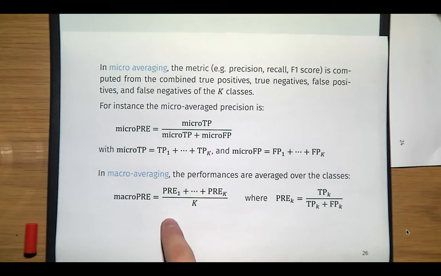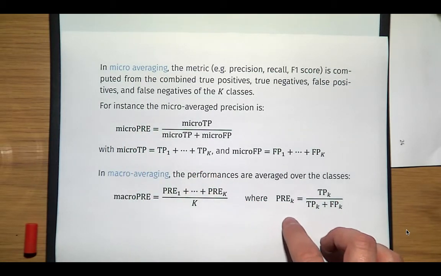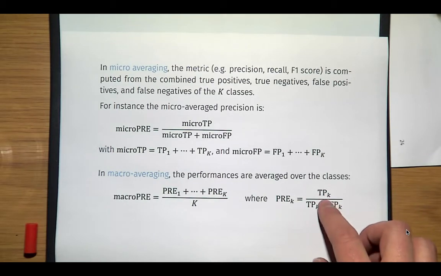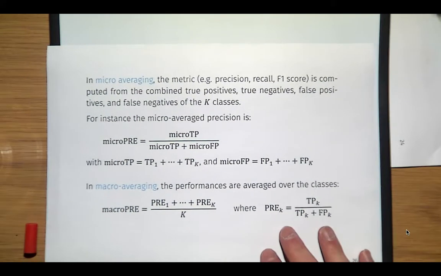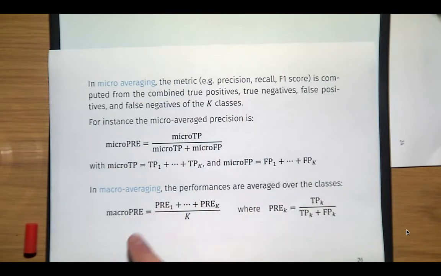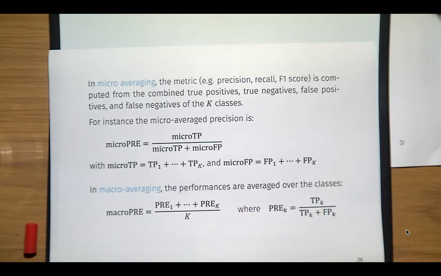The second version is when you keep the definition of the metrics. For instance, for precision, it's still true positive divided by true positive plus false positives. So it's the same definition for a class K, but what you do is you average over all classes. You average your metric over all classes, okay? So 2 ways of thinking about it.